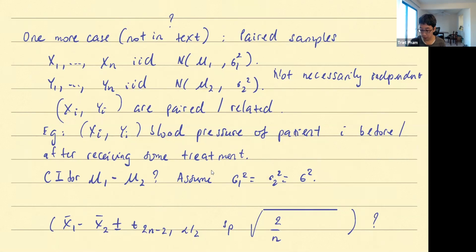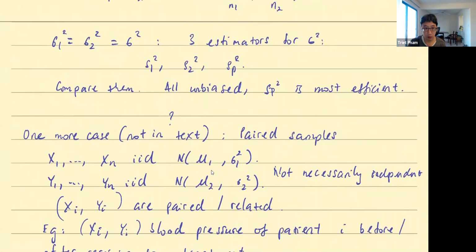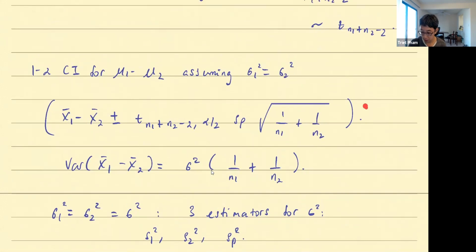And by the way, in this generic construction, where did we use the independence of the two samples?